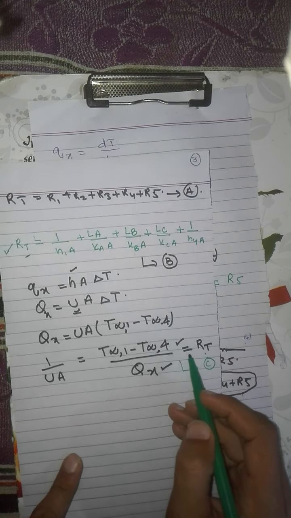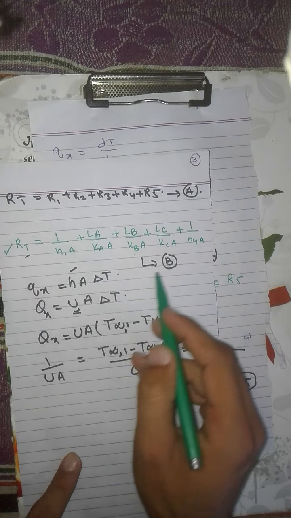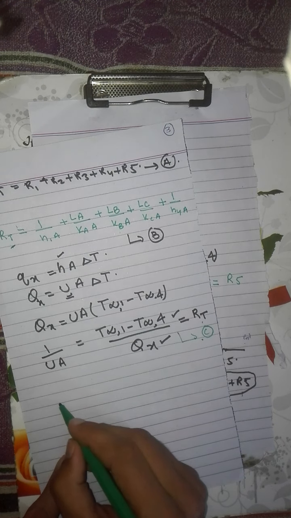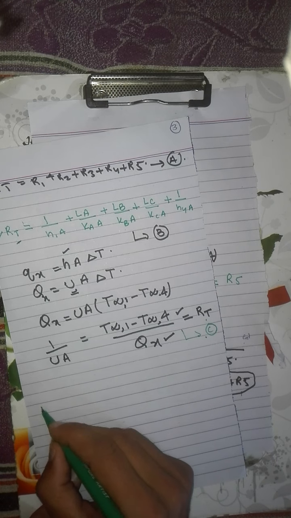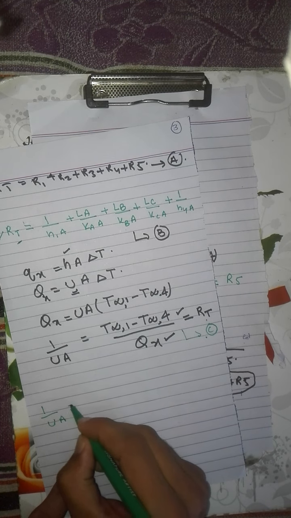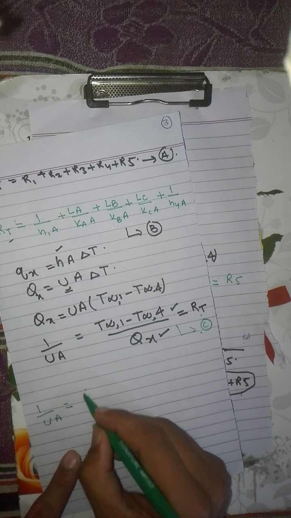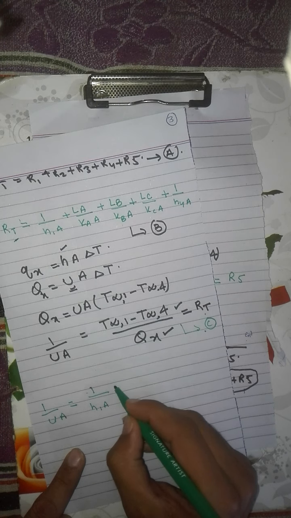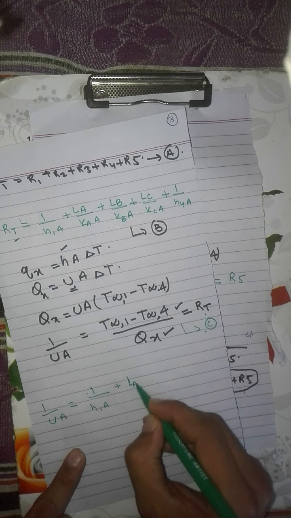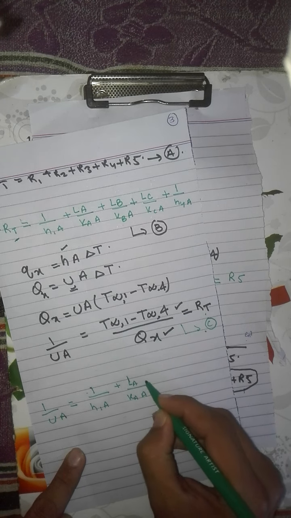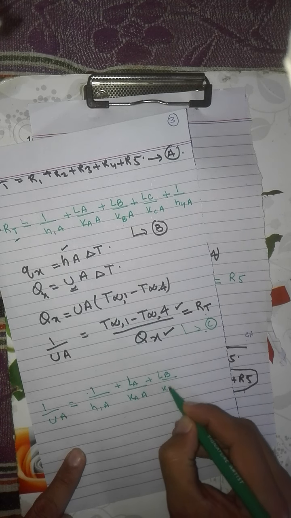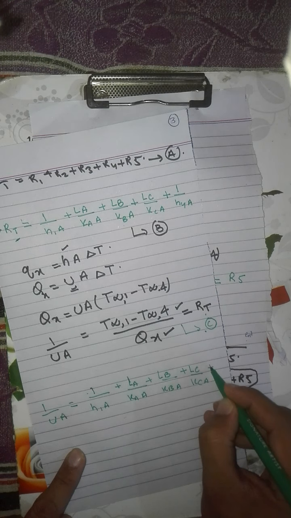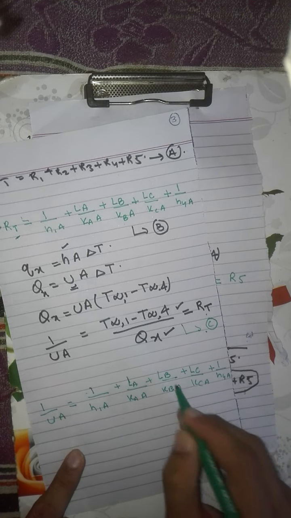So as this is RT and this is RT, we compare equation B with equation C. We will get 1 over UA is equal to 1 over H1A plus LA over KA into area, plus LB over KB into area, plus LC over KC into area, plus 1 over H4 into area.